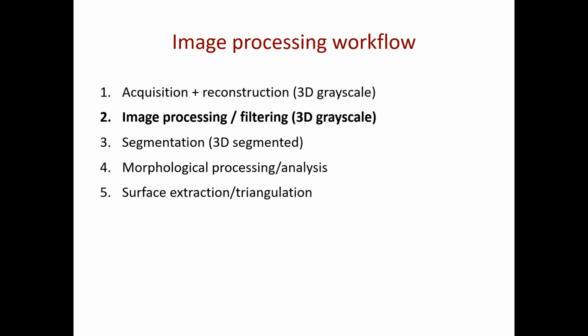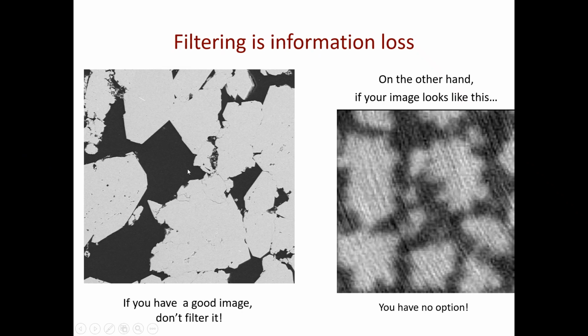Any kind of quantification will require what we refer to as image processing. And before we process to get quality output or something that we rely on, we need to try to remove noise as much as possible. Okay? And then after that, we're going to try to recognize phases in our image and do segmentation.